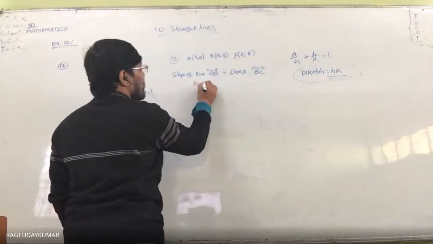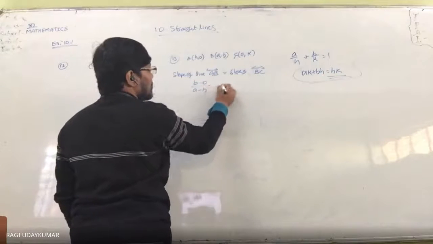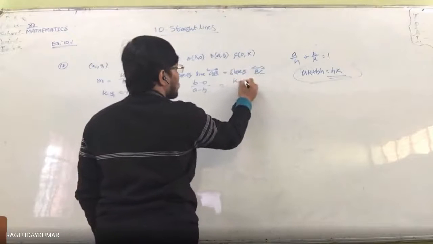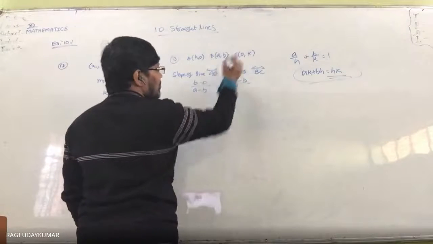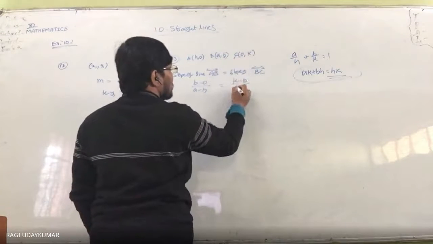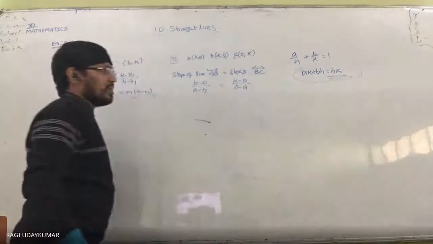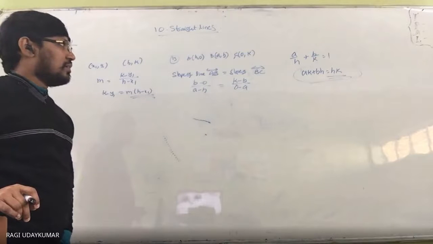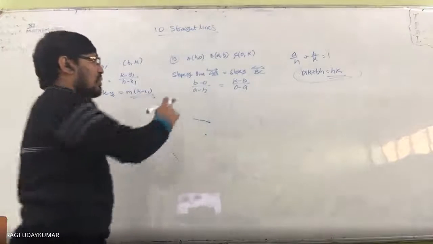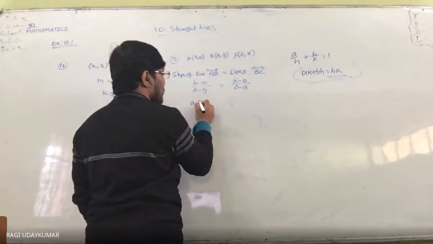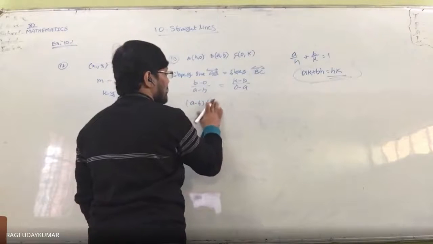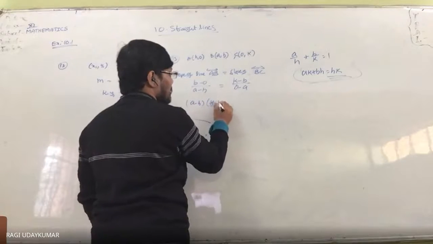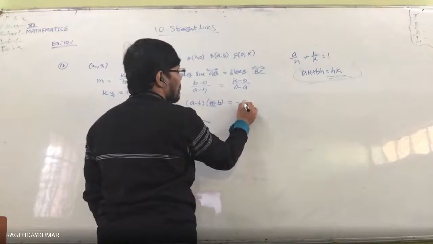So for both, b minus 0 by a minus h is equal to k minus b by 0 minus a. Isn't it? This is correct, right? So now what do you get? Cross multiply: a minus h into k minus b is equal to minus ab.